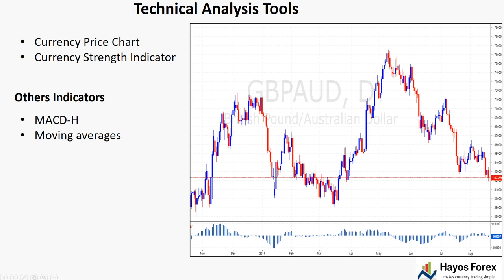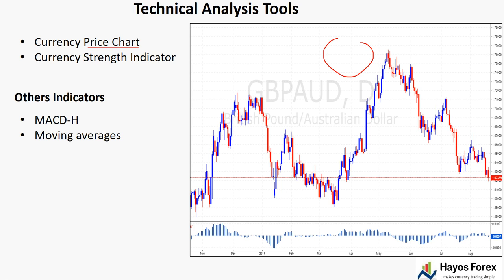On the right, we are looking at the daily price charts here of Great British Pound and Australian dollar daily. So the strategy can work on daily, weekly, and intraday. Any time frame is okay, but we need to use a different approach.